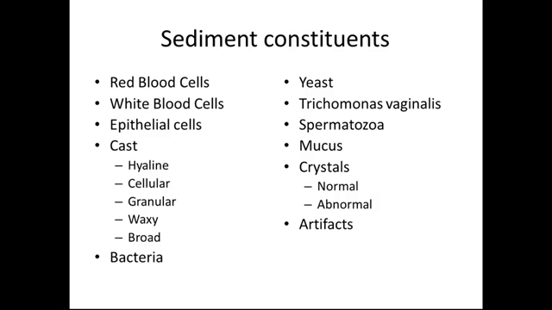Hyaline casts can be normal in small amounts, but cellular, granular, waxy, and broad casts are abnormal. There can be a minute amount of bacteria depending on the collection method, but typically high bacteria is abnormal. Yeast, Trichomonas vaginalis, sperm, mucus, crystals, both abnormal and normal, and artifacts can also be found in the sediment.